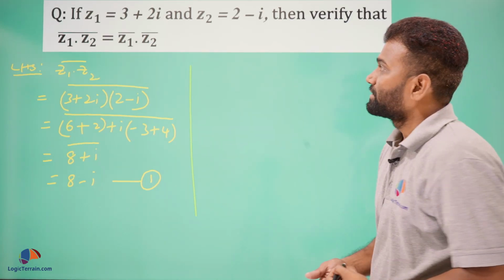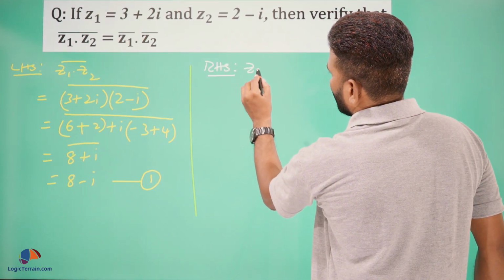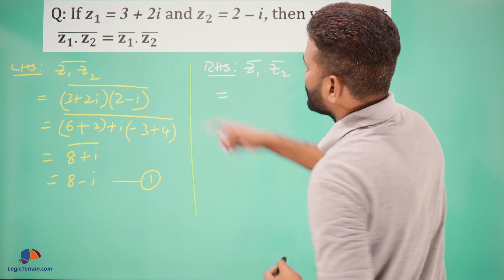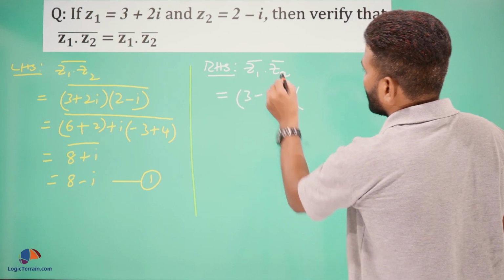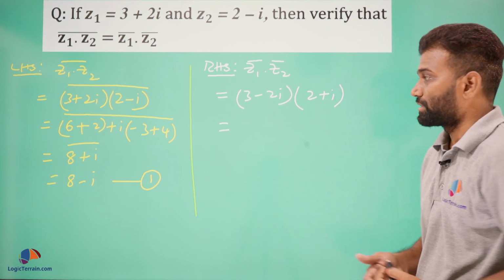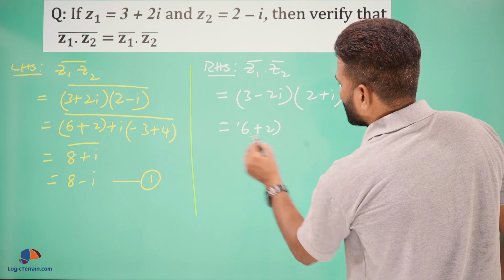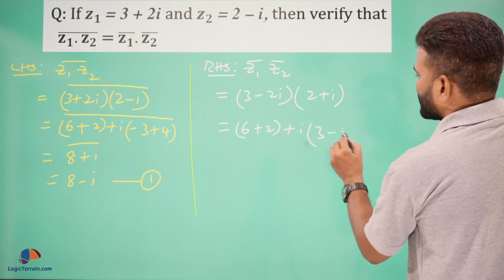Now we will find the RHS part, that is the conjugate of Z1 into the conjugate of Z2. So the conjugate of Z1 is 3 minus 2I into the conjugate of Z2 is 2 plus I. Again we will multiply by using the product rule, that is 3 2s are 6 plus 2, plus I of 3 minus 4.